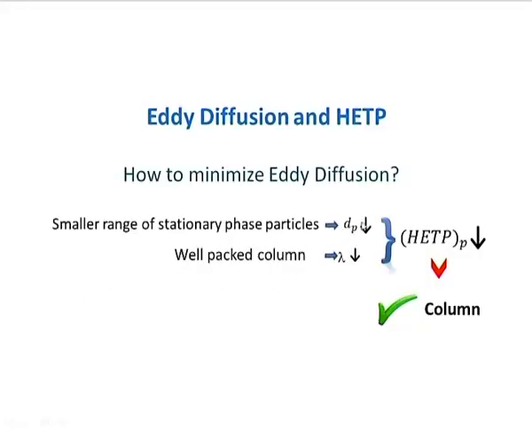In case we would like to minimize eddy diffusion and create a very well separated and resolved peak, what we need to do is decrease dp, which we can do by taking a small range of stationary phase particles, that is, small diameter particles, and by taking a well packed column, by which we minimize this second constant term, lambda. If we do that, HETP would be less, which means the column efficiency would be high.